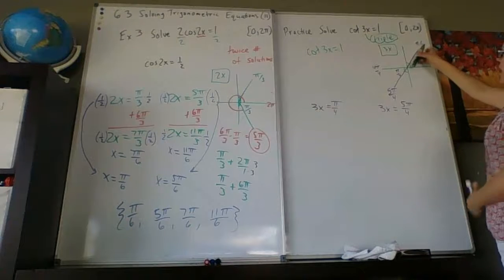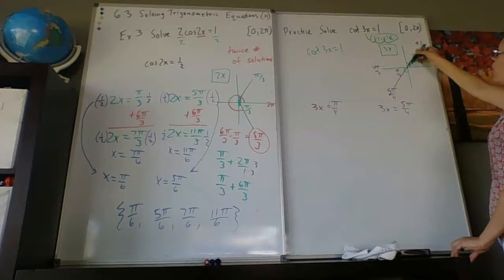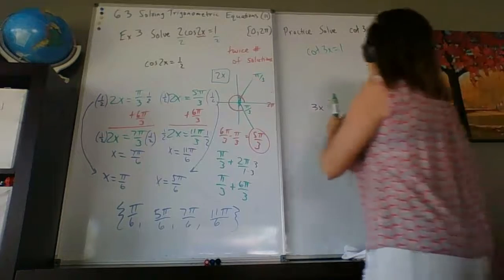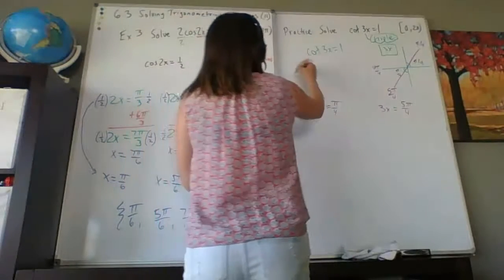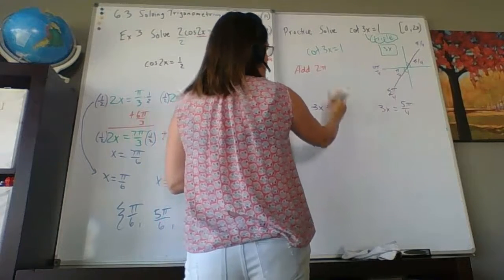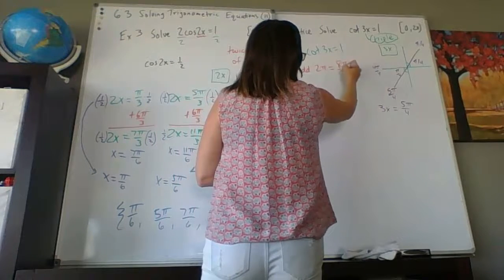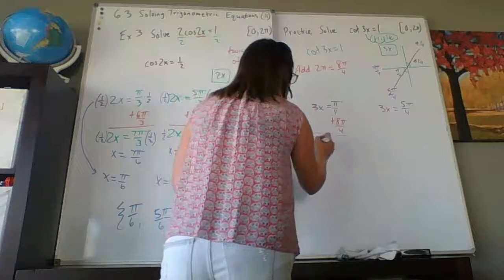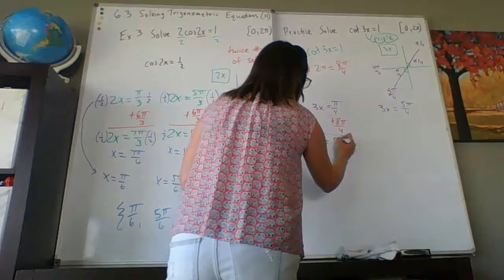So if I'm at pi over 4 and I want to add 2 pi, if I'm dealing with pi over 4s, I'm going to write that as 8 pi over 4. So I'm going to add 8 pi over 4 to get my next equation. 3x equals 9 pi over 4.